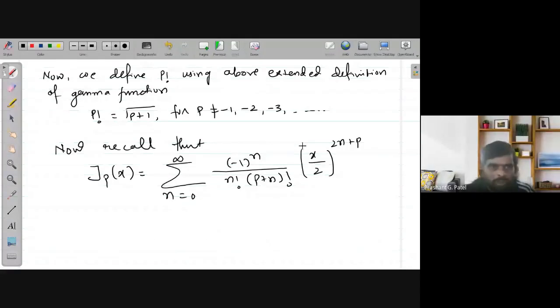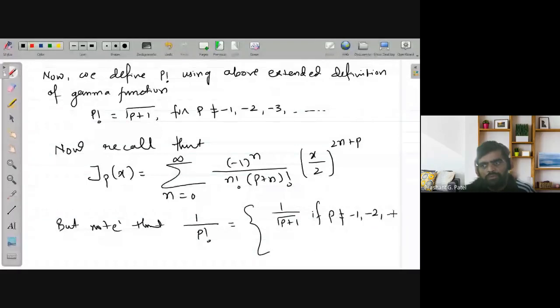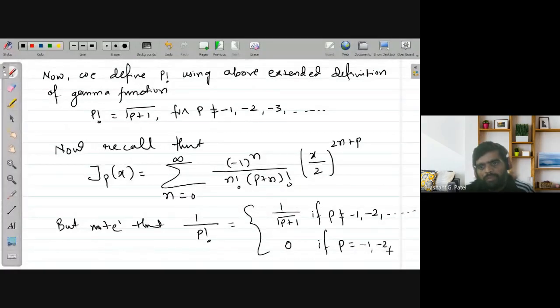So 1 upon p factorial we can write as 1 upon gamma p plus 1 if p is not equal to minus 1, minus 2 and so on, and 0 if it is equal to minus 1, minus 2 and so on, because in that case it is infinite. p factorial is infinite if it is a negative integer, so 1 upon infinity will become 0. So 1 upon p factorial is 0 in that case.